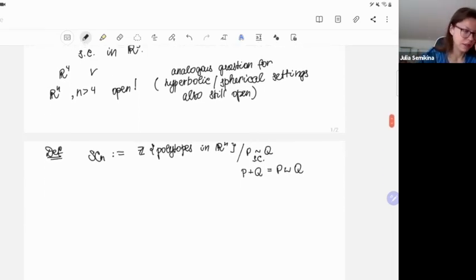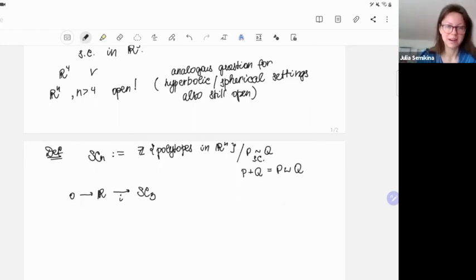So if you just write the sequence like this, so we work in R^3. This map takes any number in R to the cube of the corresponding area.